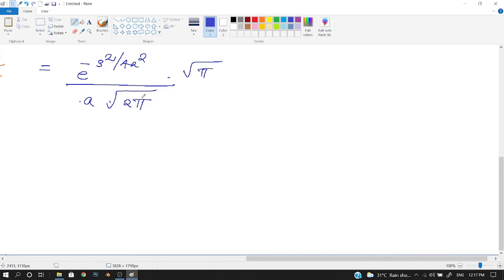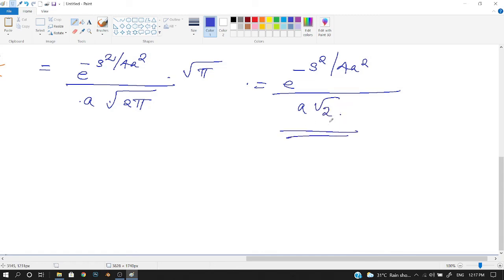Now you can cancel that root pi. So the remaining quantity is e raised to minus s square divided by 4a square divided by a into root 2. Now here you just substitute a is equal to 1 by root 2.